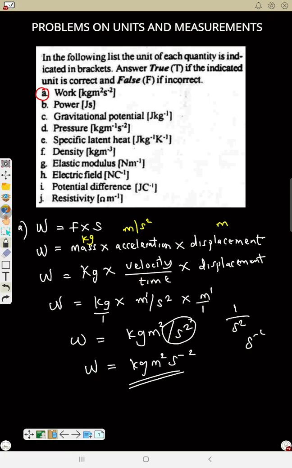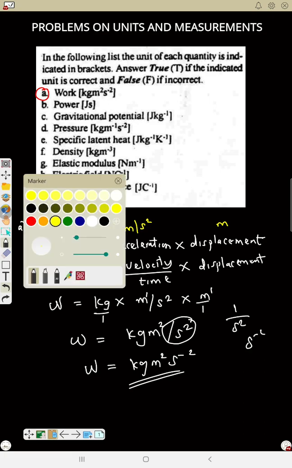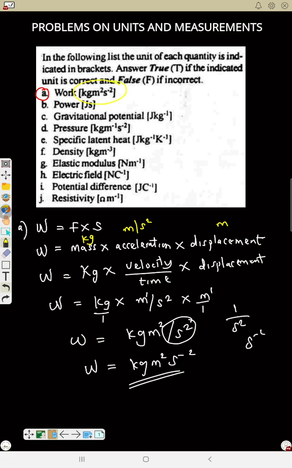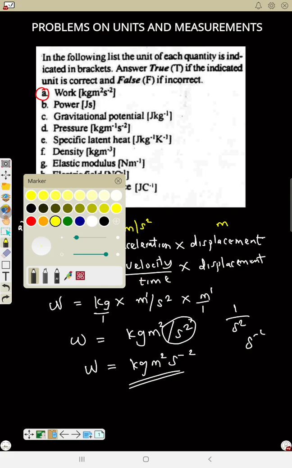So if you compare the units here, the statement is true, as our result is the same as this. So the A part is true.